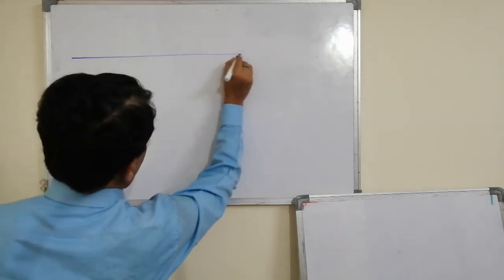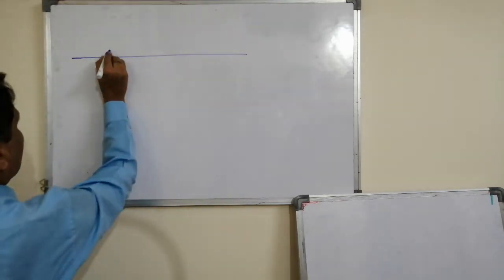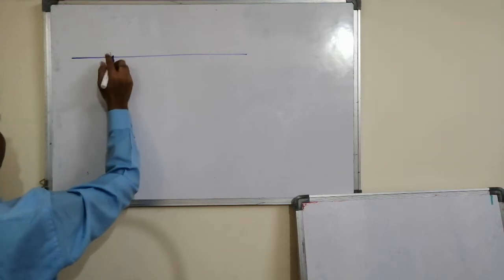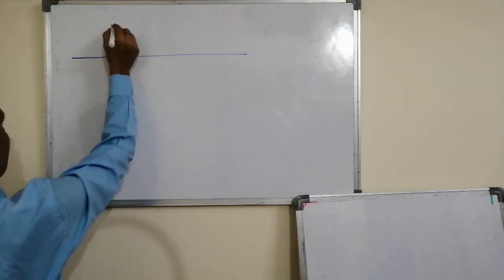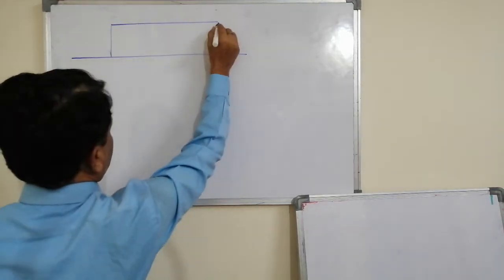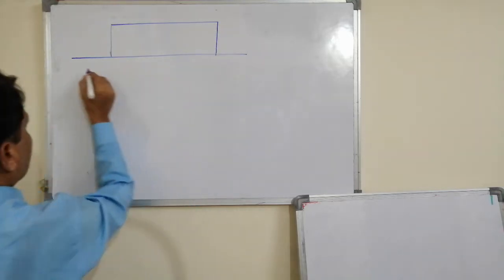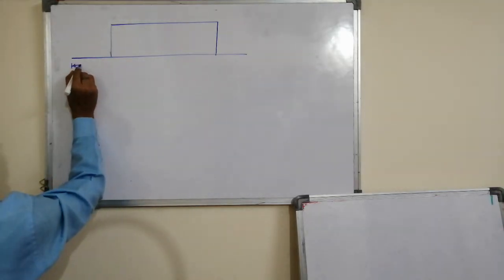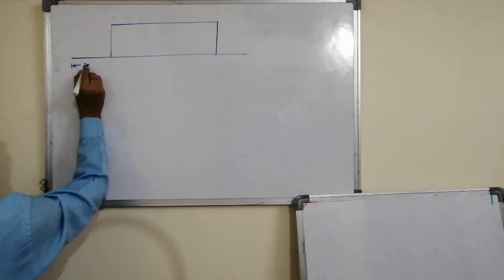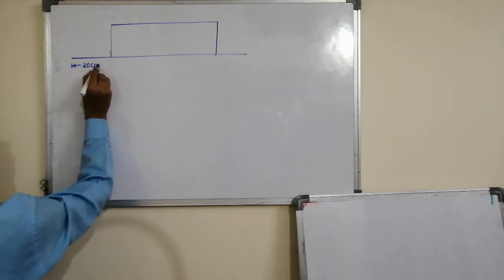One is straight, another is bent like this. Suppose here to here is say 20 centimeter in length.